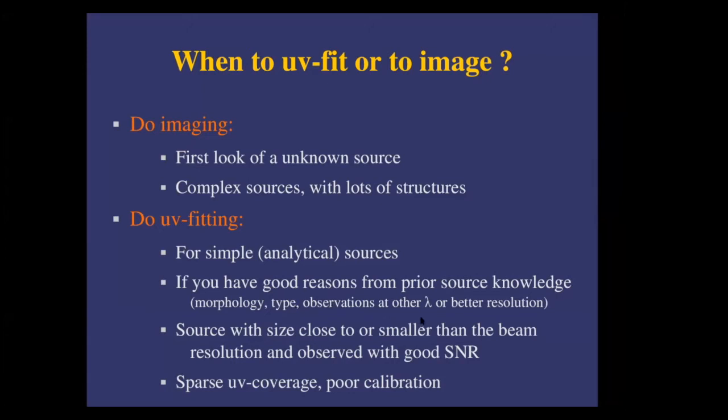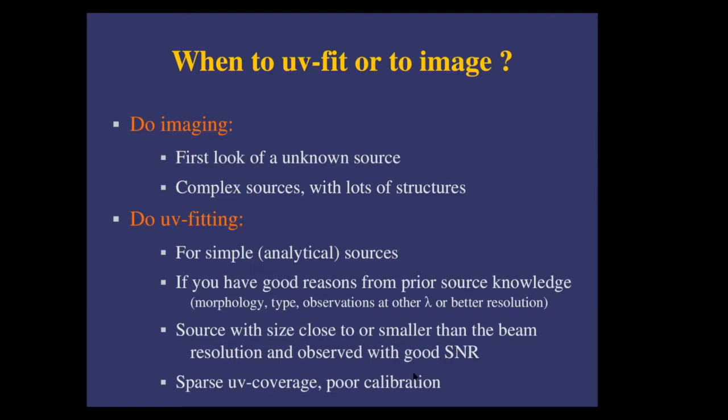If you have observations at other frequencies or at better resolution, maybe you can constrain it. You know that your source should be like this, so you have a good reason and good constraints to set a model. And in particular, when the size of your source is close to or smaller than the beam resolution of your observation, and if you have observed with good signal-to-noise ratio, in these cases you can maybe retrieve more accurate information from your source than what you could do in the image plane.